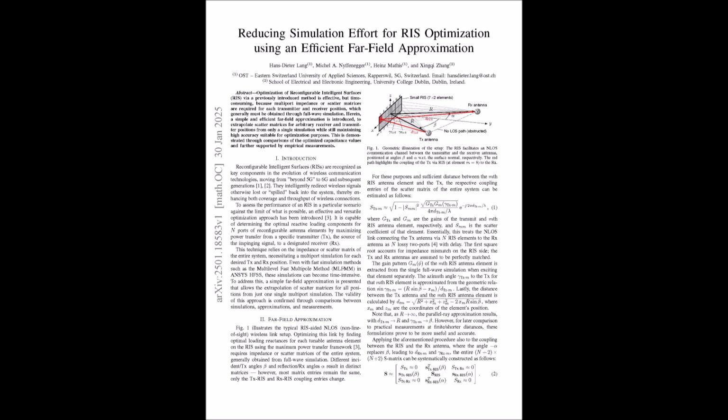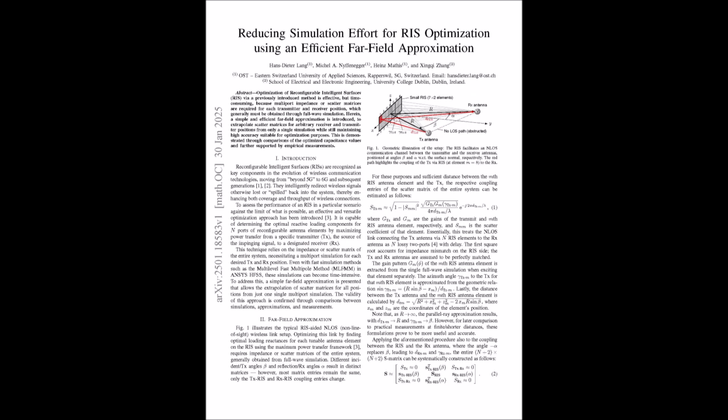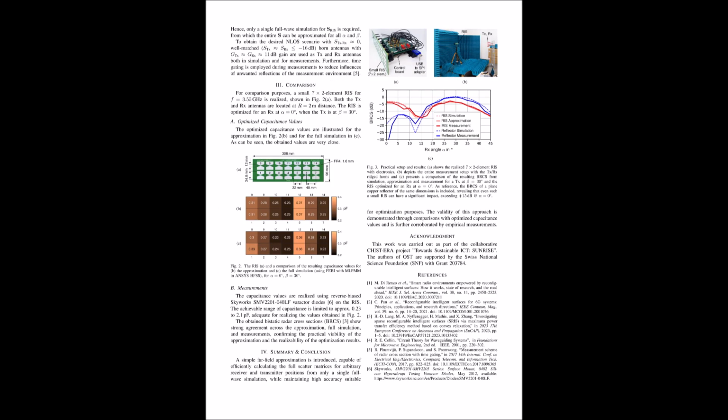Now, the authors also highlighted the impact that even their small 7x2 element RIS had on signal strength. They saw a gain of over 15 dB, right? Yes, over 15 dB at the target receiver angle, a remarkable improvement. And this is just with a small RIS. Imagine what we could achieve with larger, more sophisticated arrays. The potential is truly mind-boggling. It's an incredible time to be working in this field. It really is.